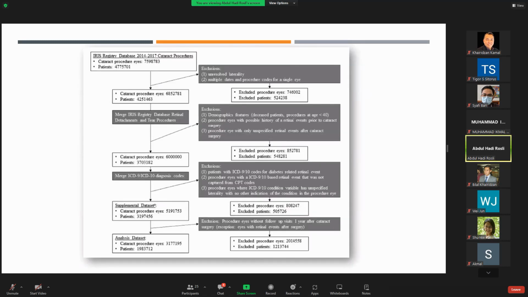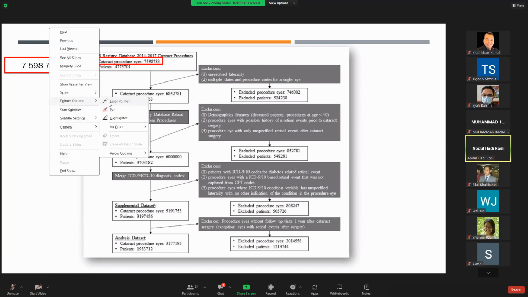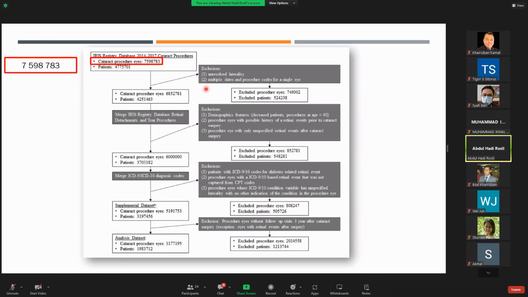All right. In the IRIS system, the number of cataract surgery records from 2014 to 2017 was 7,598,783 eyes. To be included in this study, determination of procedure laterality was required. So any patients that had an issue with laterality, maybe due to improper documentation in the system, were excluded.